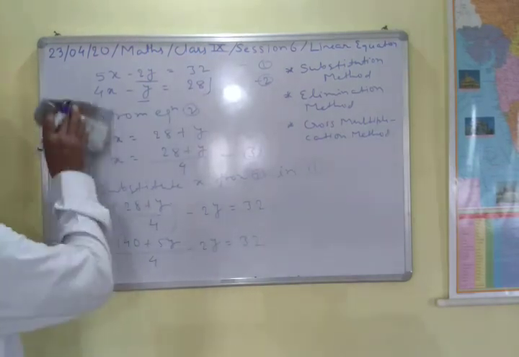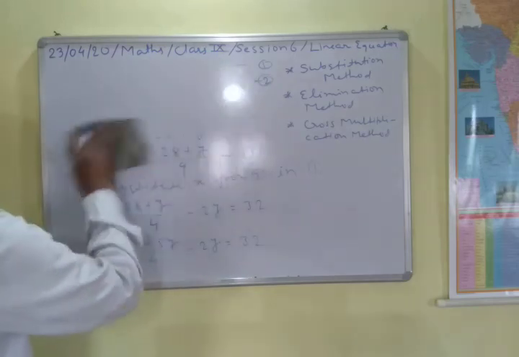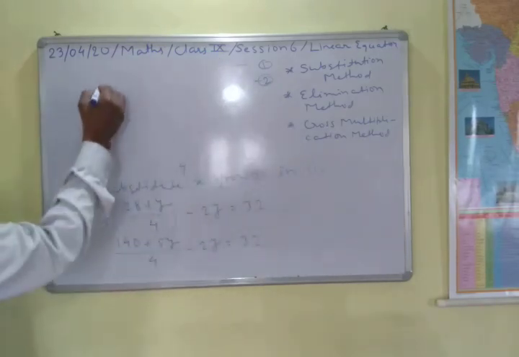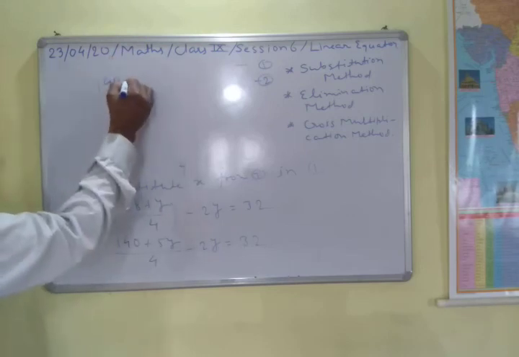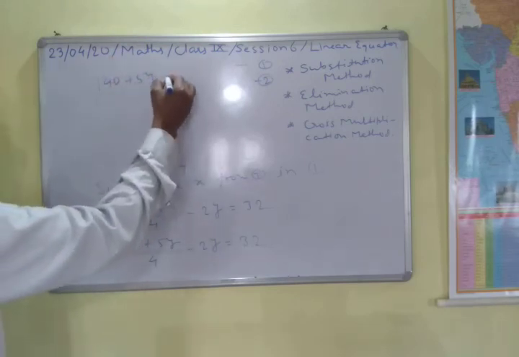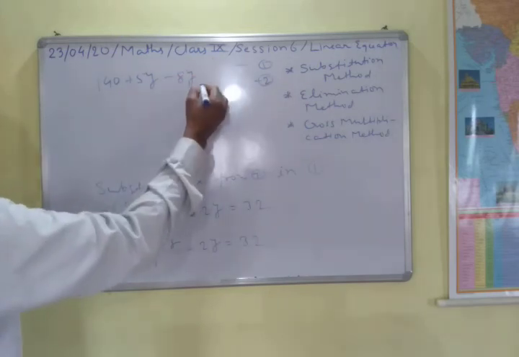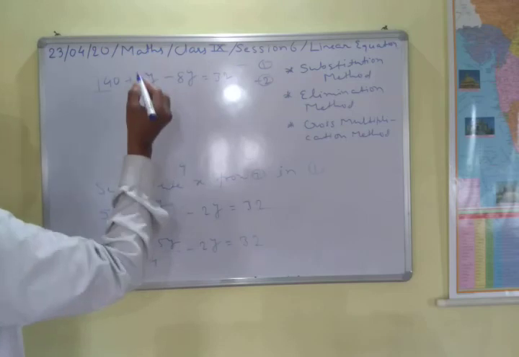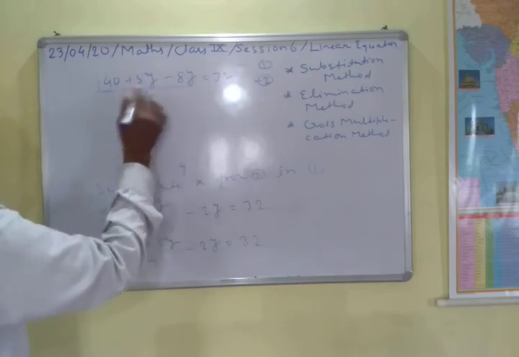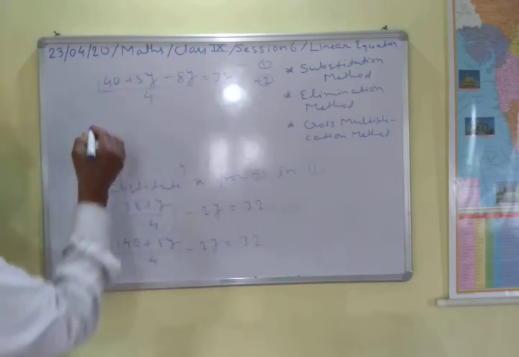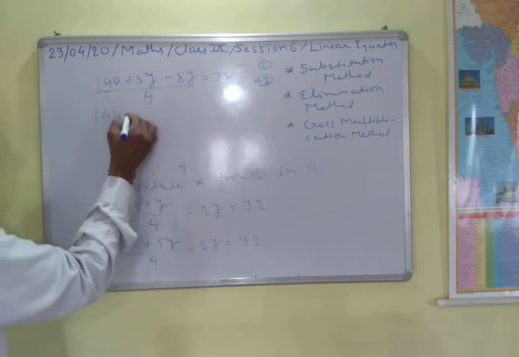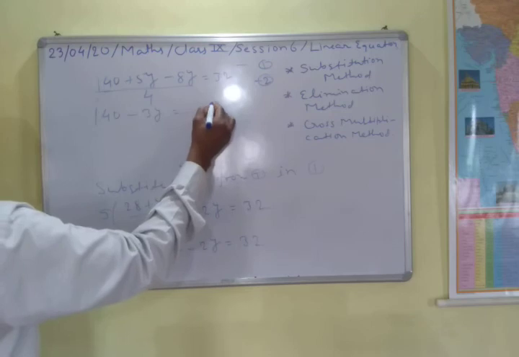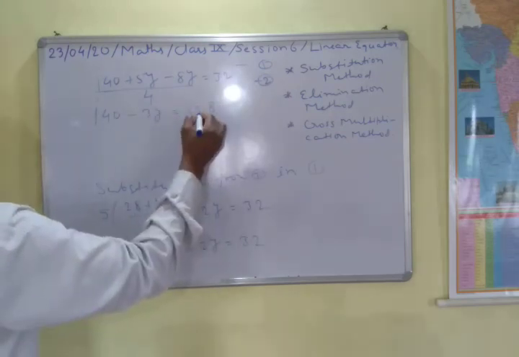Then multiply this by 5, that is 140 plus 5y by 4 minus 2y equal to 32. Then next we will solve this: 140 plus 5y minus 8y equal to 32 times 4, and this will be 140 minus 3y equal to 128.